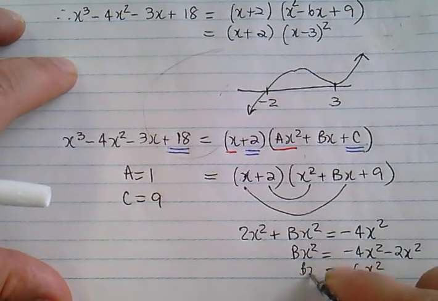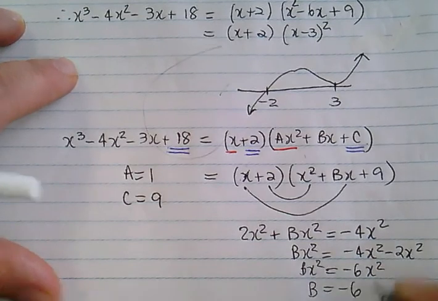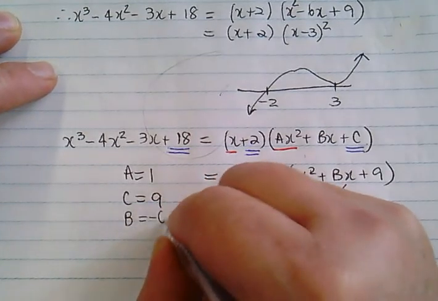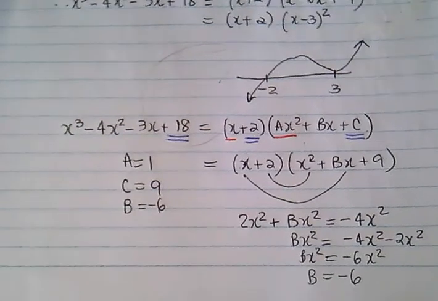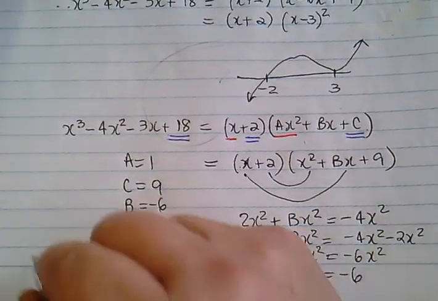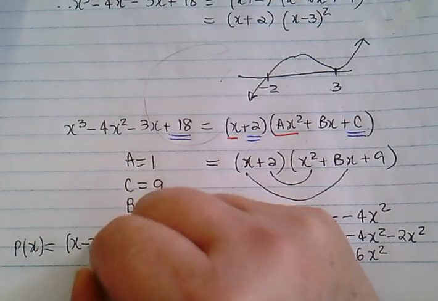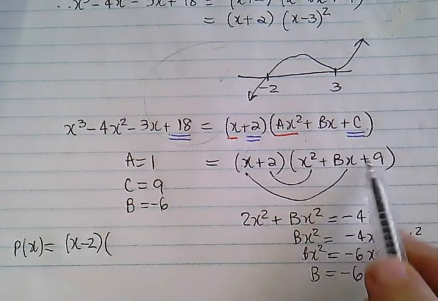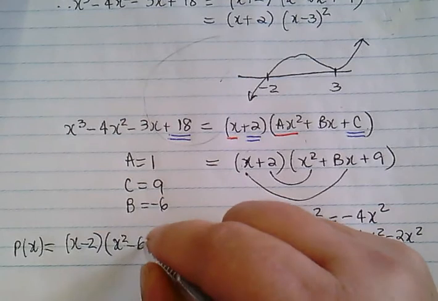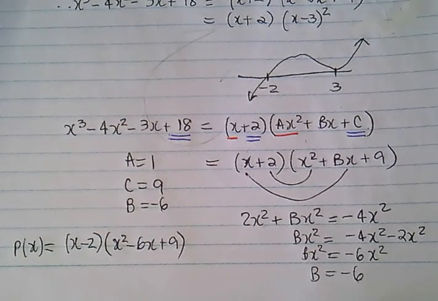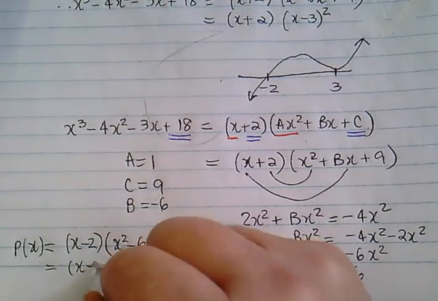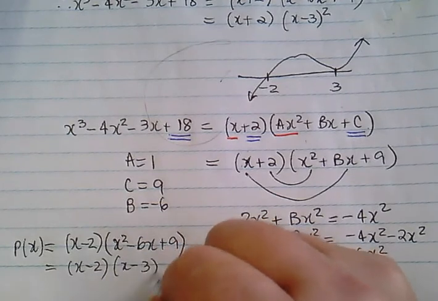You can just see by inspection that b is negative 6. So you can come back up to the factorization and say that your polynomial is x plus 2, x squared minus 6x plus 9, which is x plus 2, x minus 3 squared.